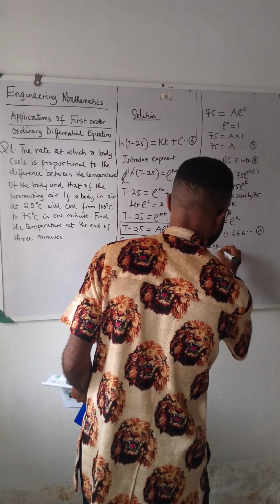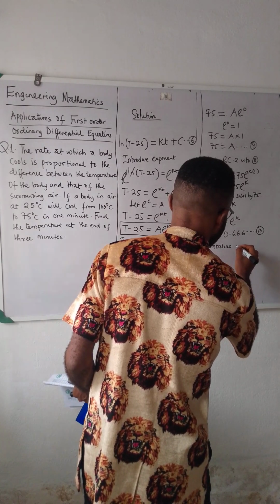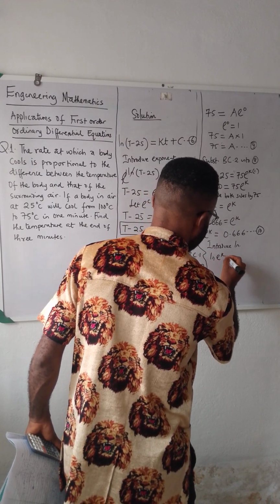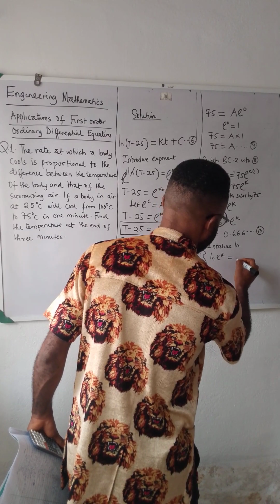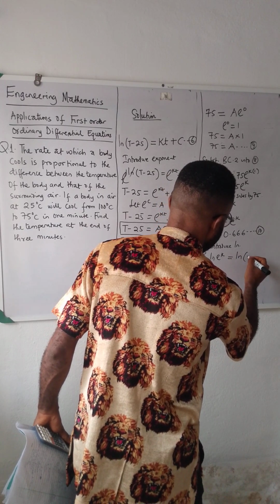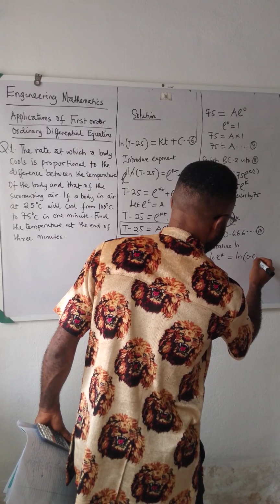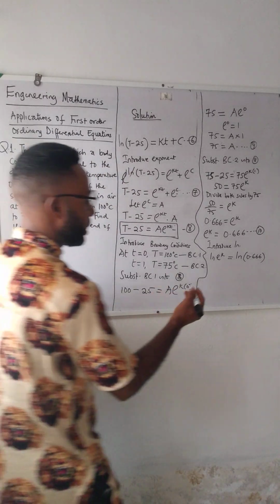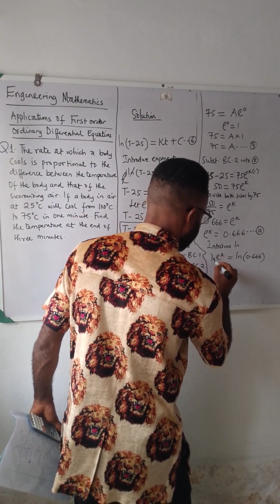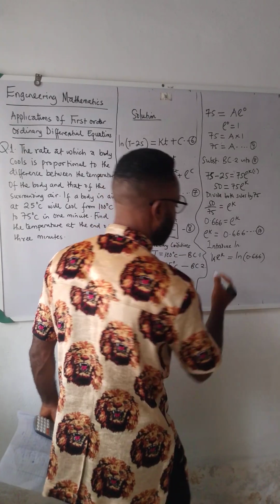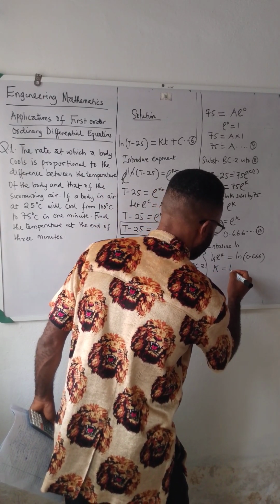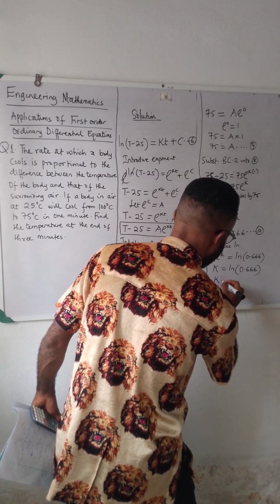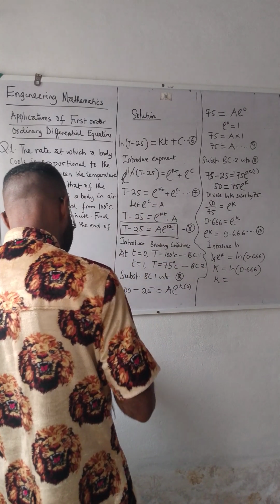So we introduce ln: ln of exponent K equal to ln of 0.666. Okay, so we know that ln and exponent will cancel out, so we are going to be left with K equal to ln of 0.666.